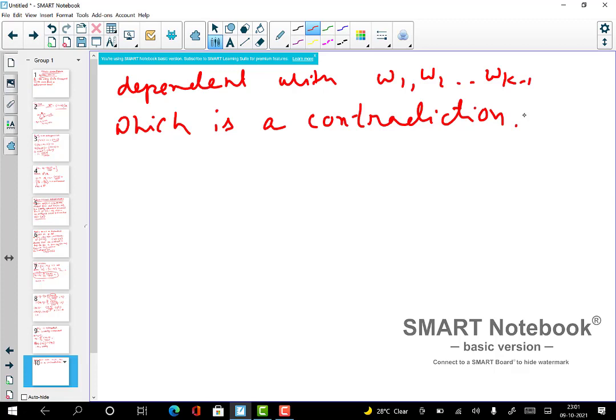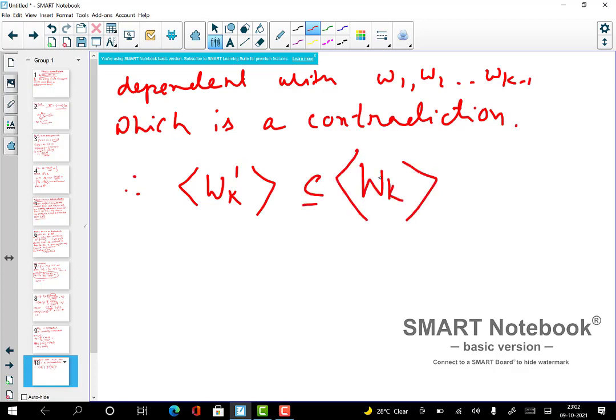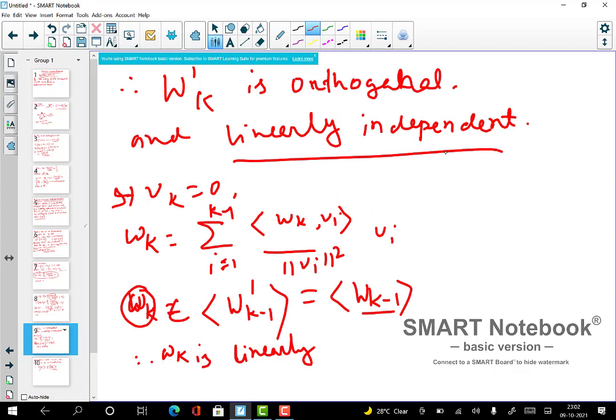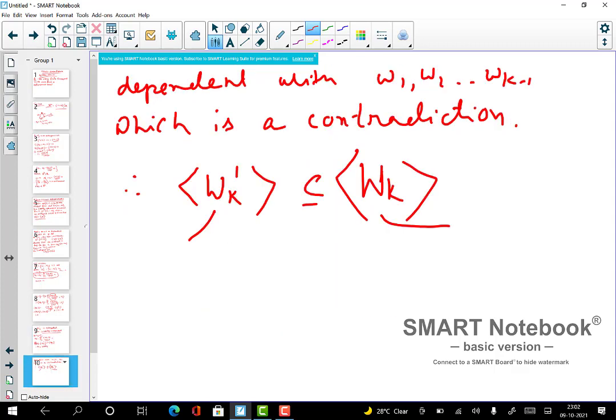So what does that mean? That means the span of W dash k is always a subset of the span of Wk. This is the capital set, capital Wk as a set, so the elements are small w1, small w2, up to small wk, right? But it has k many linearly independent vectors. And also W dash k is linearly independent and also has k many vectors.